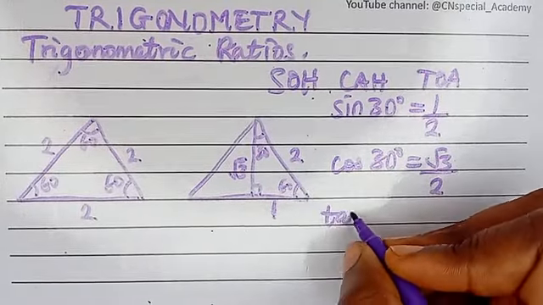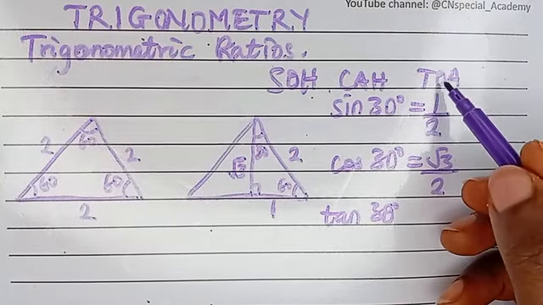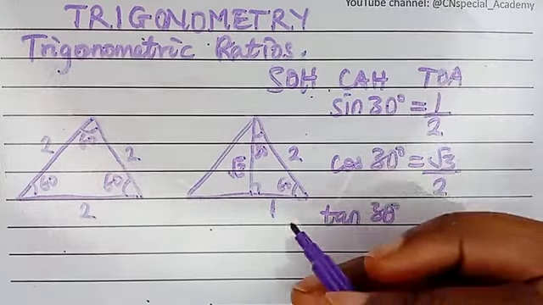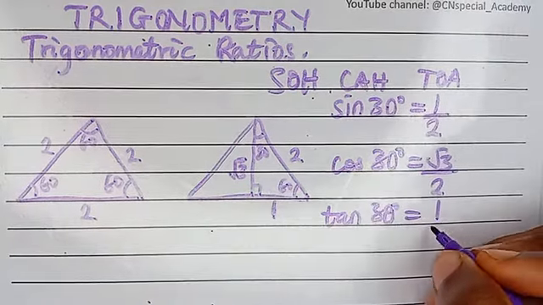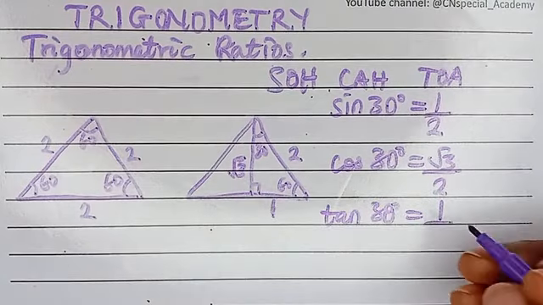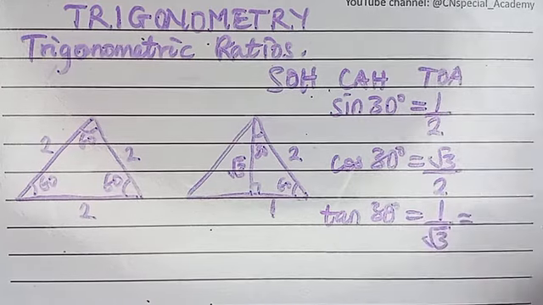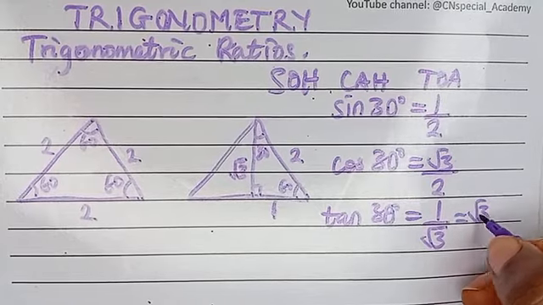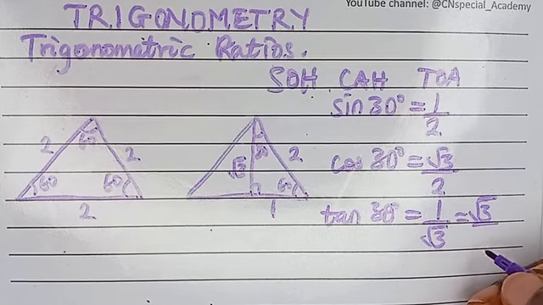Then for tan 30, tan is equal to opposite over adjacent. So for 30, opposite is 1, and adjacent is root 3. Now we are not going to leave this like this. We have to rationalize, which is multiplying both the numerator and denominator by root 3. So we have it as this.